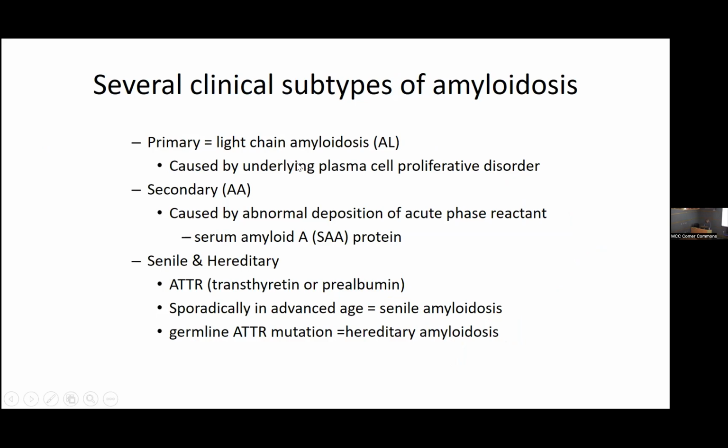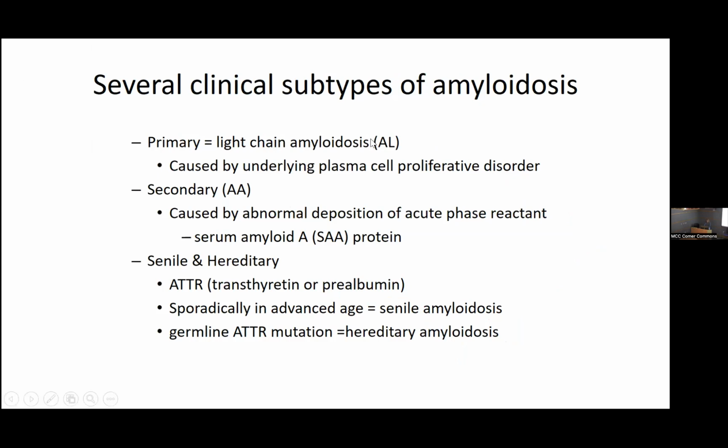Okay. This is just another slide on some of the clinical subtypes that I think we should know about. So light chain, which is the most important for us as hematologists. Secondary, which is inflammatory, so badly untreated tuberculosis, rheumatoid arthritis, those types of diseases. And this is due to the SAA protein, which is an acute phase reactant produced by the liver.